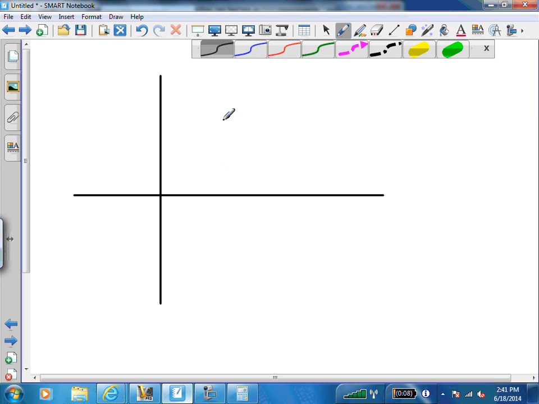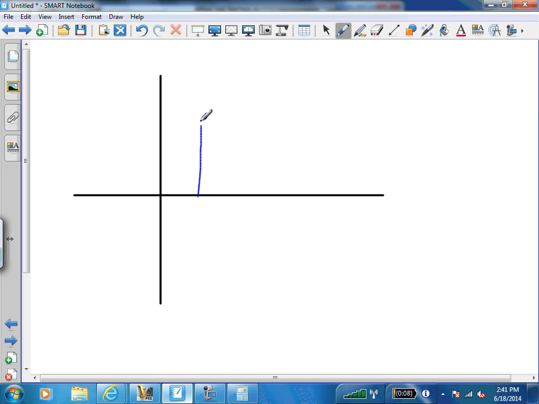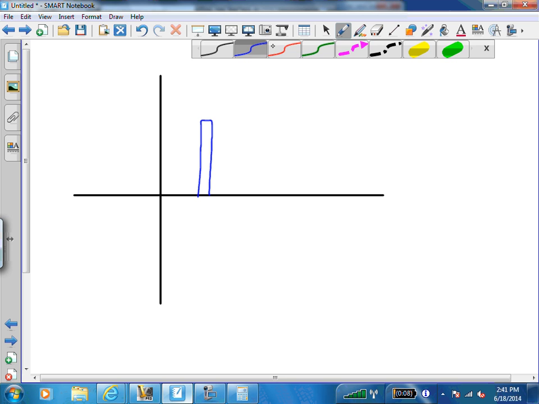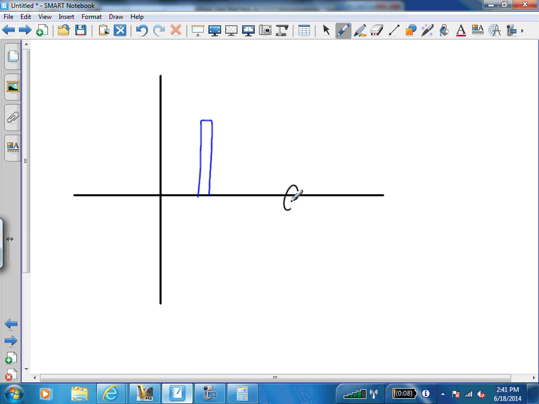Let's suppose I take just a sample element here and rotate it around the x-axis, then I get a disk.